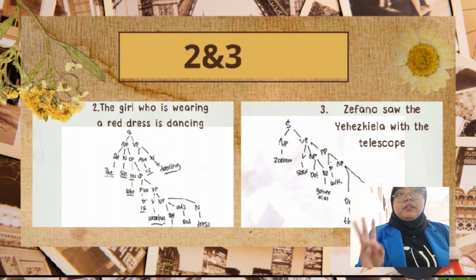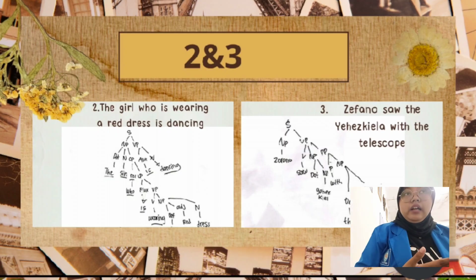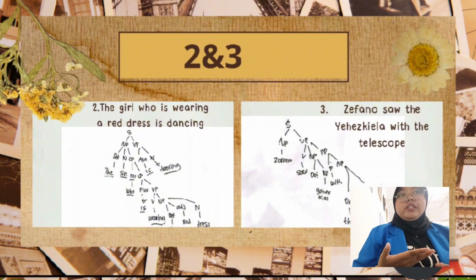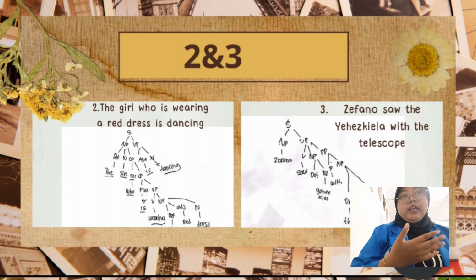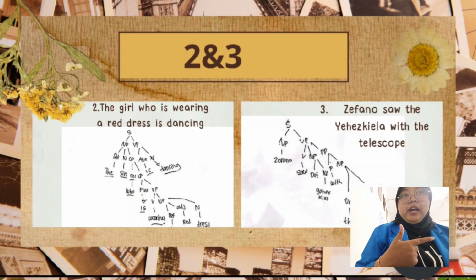Third: Zifano saw the Yehezkiah with the telescope. This sentence demonstrates structural ambiguity. The basic structure is subject noun phrase and then verb phrase. The subject noun phrase is Zifano. The verb phrase contains the verb saw, the object noun phrase the Yehezkiah, and a prepositional phrase with the telescope.